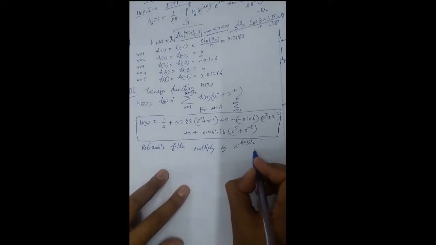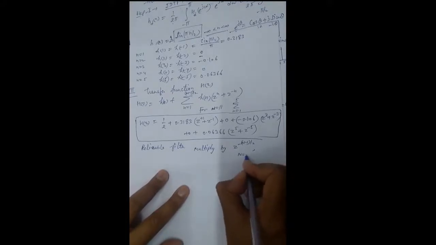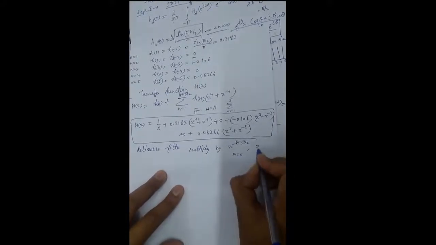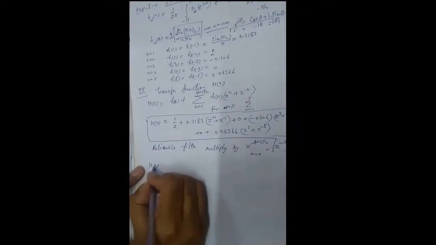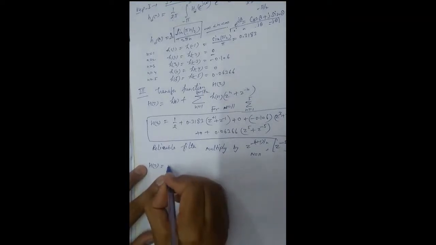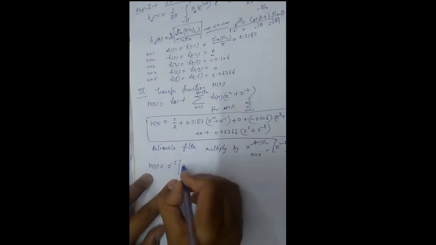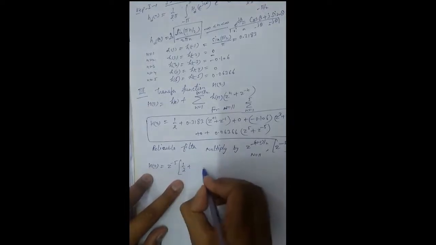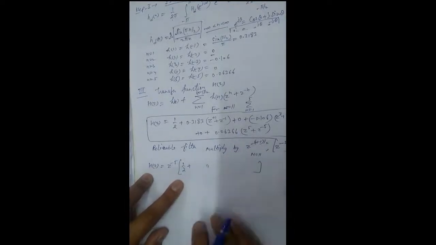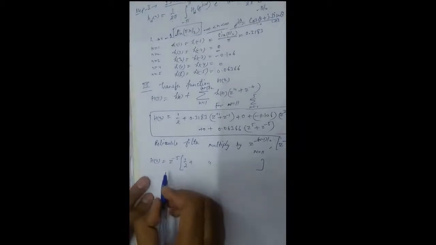Okay, N is equal to 11, so we have to multiply by z raised to power minus 5. So H(z) will become z raised to power minus 5, and the same formula 1 by 2 plus, the same formula, all things.